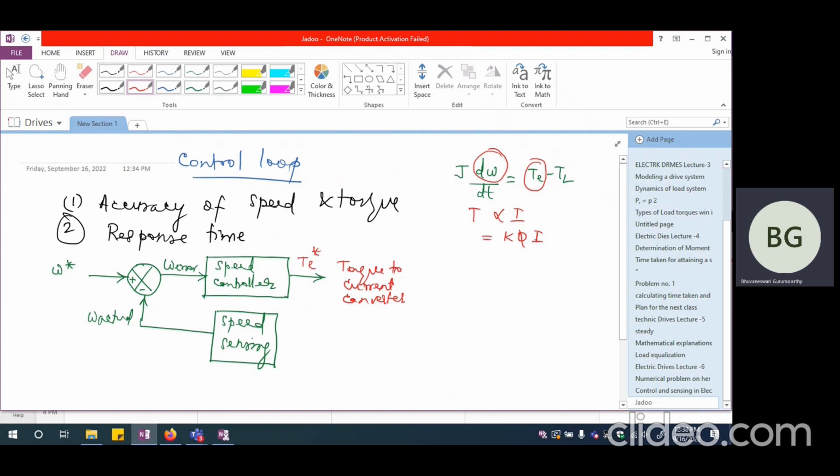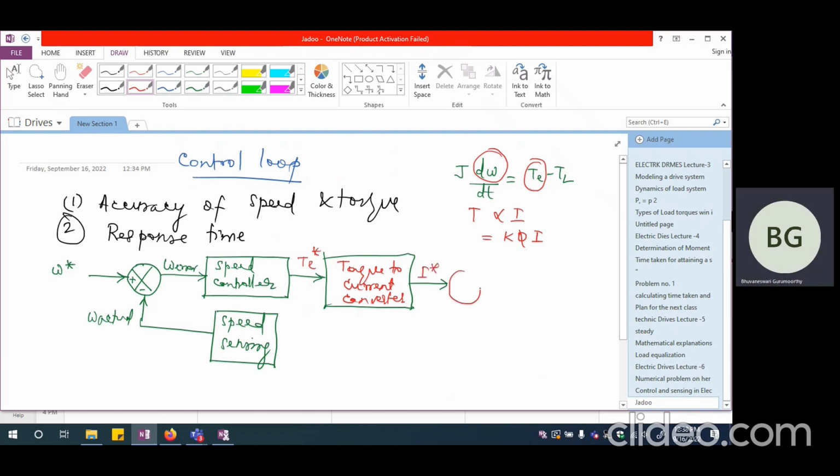So I should be able to calculate the current right away if I know what is the kind of torque requirement the drive has to bridge the gap in the speed. So now I have the torque to current converter. So what I get out of this will be a reference current value.